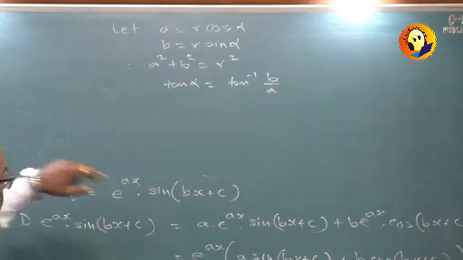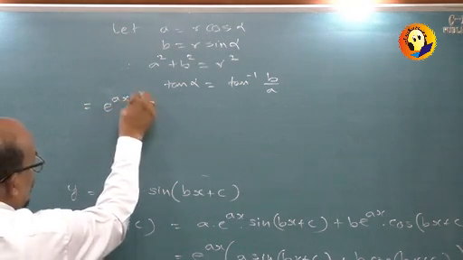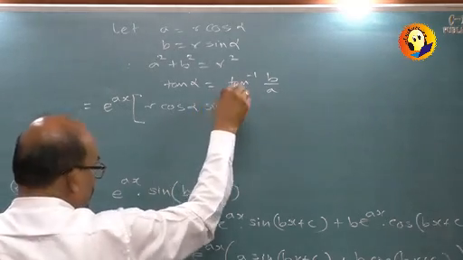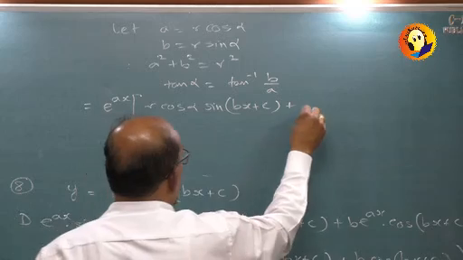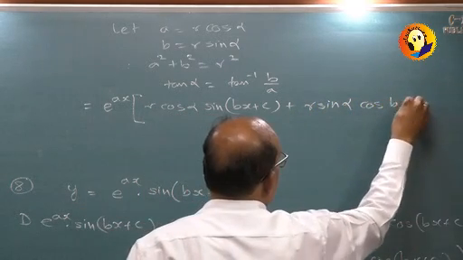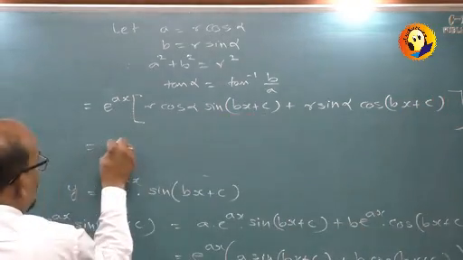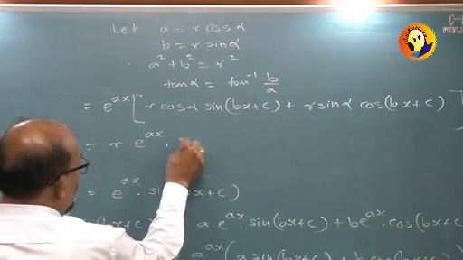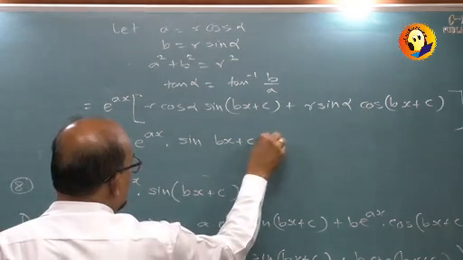When I make this substitution, it will appear as e raised to ax into bracket r cos alpha sine of bx plus c plus r sin alpha cos of bx plus c, which is nothing but r e raised to ax into sine of bx plus c plus alpha.